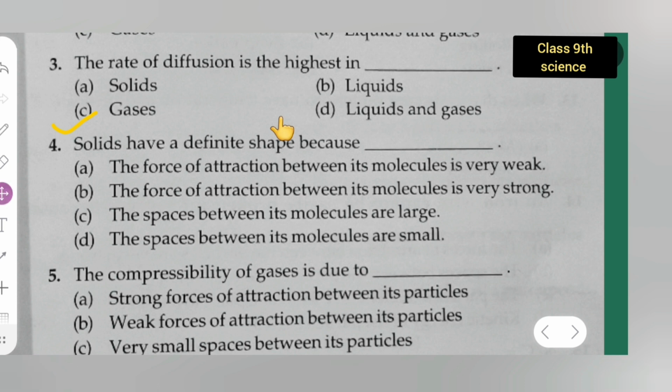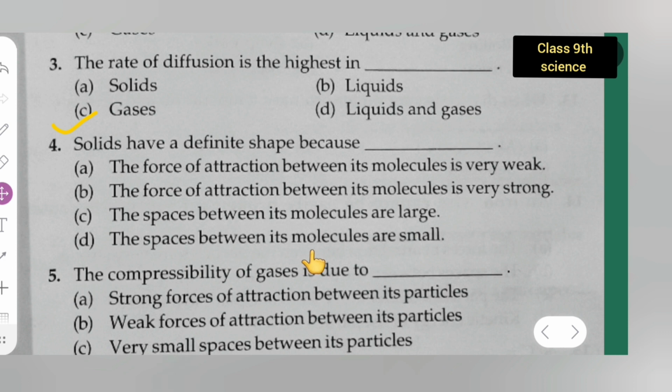Next, let us see. Solids have a definite shape because, now why do solids have a definite shape? Option A: the forces of attraction between its molecules are very weak. Option B: the forces of attraction between its molecules are very strong. Option C: the spaces between its molecules are large.